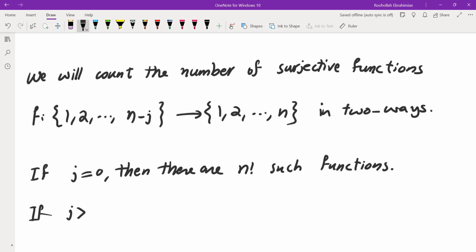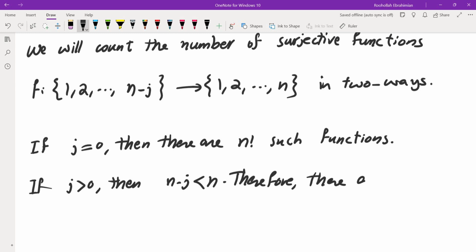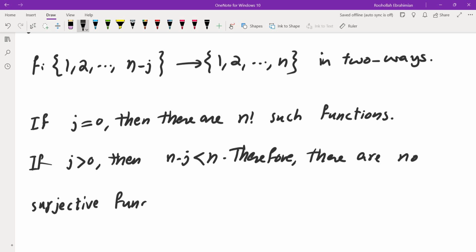If j is positive, then n minus j is less than n. So the domain has fewer elements than the codomain. Therefore, there are no surjective functions. So the answer is 0 if j is positive, and if j is 0, the answer is n factorial. Now we are going to do that using a separate method.